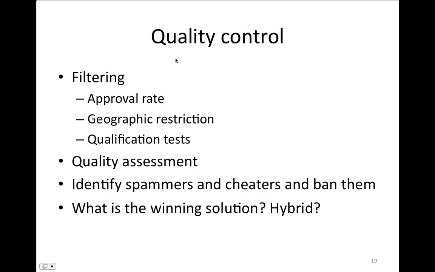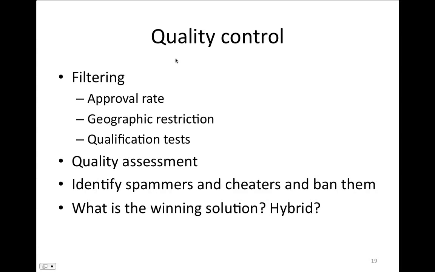One of the most important tools that requesters have is filtering. You can use the approval rate, meaning how many HITs from a certain worker have been accepted. You can set your HIT so that it can be done only by people who have an approval rate of 95%, for instance. That reduces the number of spammers.